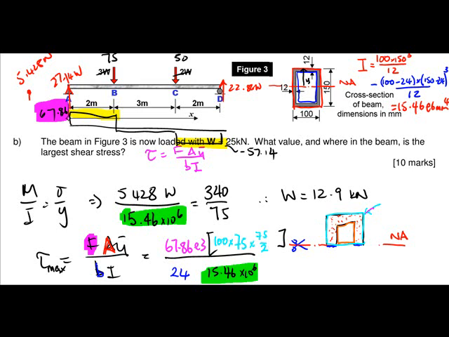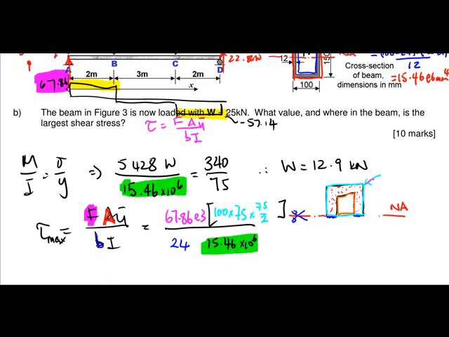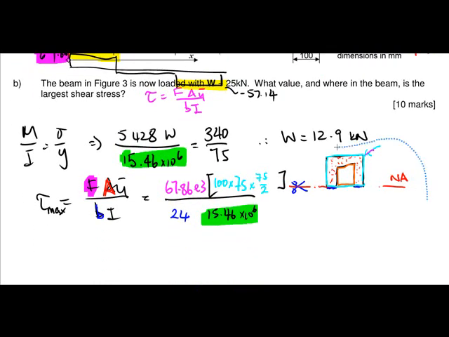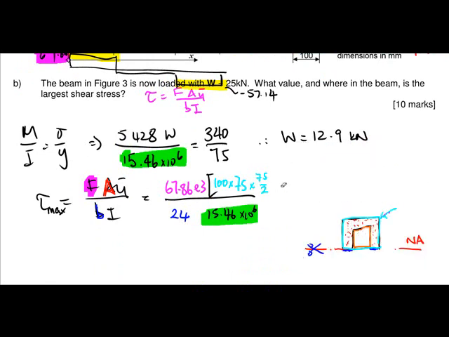Need to just make some space here. Now we need to take away the orange bit, so take away the A y bar of that. That is the distance across and the depth down, and then the y bar is 63 over 2.